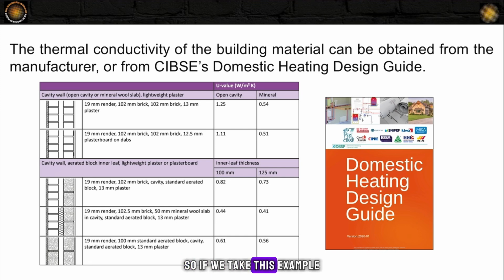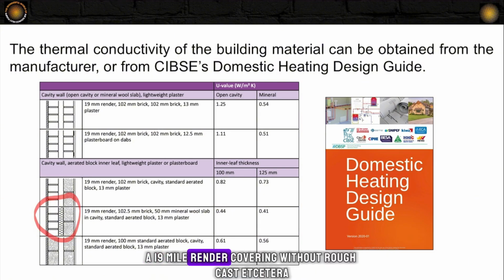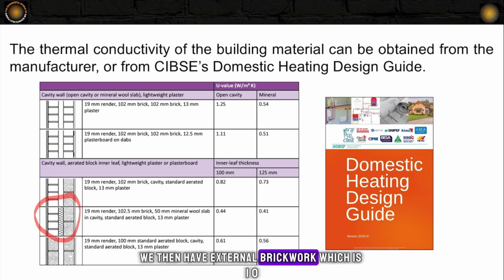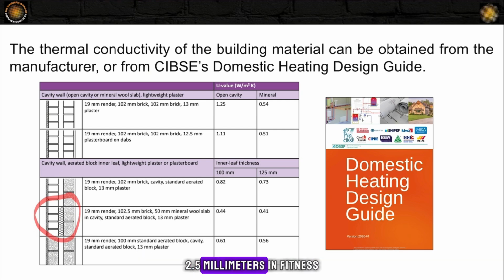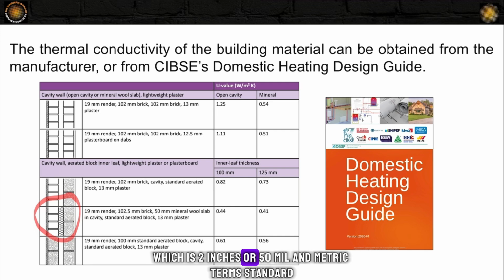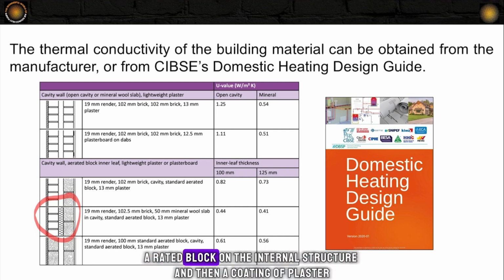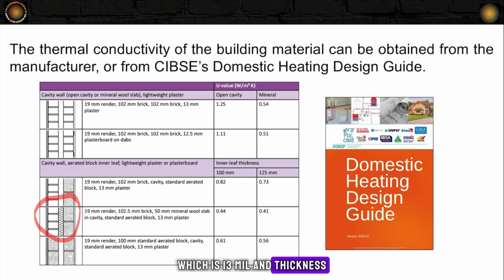So if we take this example, let's say here for example, we have on the outside wall a 19mm render, a covering, be that rough cast, etc. We then have external brickwork, which is 102.5mm in thickness. We then have a cavity wall insulation, which is 2 inches or 50mm in metric terms. Standard aerated block on the internal structure, and then a coating of plaster, which is 13mm in thickness.